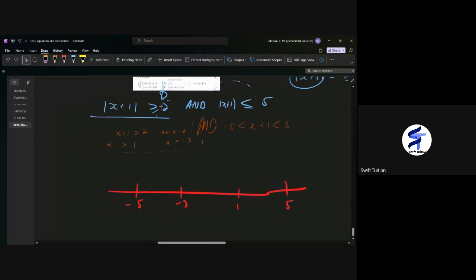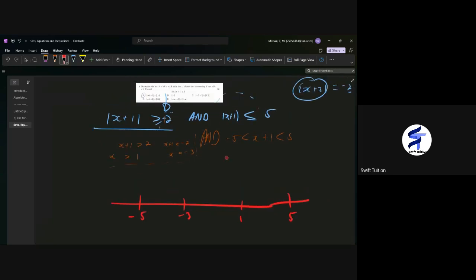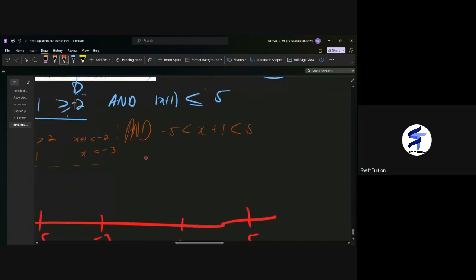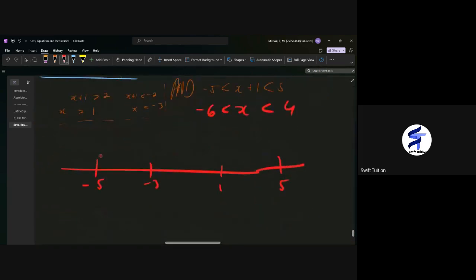So these are all the values that we have over here. If you have a look, I think I probably messed up the algebra somewhere. Sorry, I haven't finished solving this one. We're trying to solve for x, so x is -6, and then 5 minus 1 is going to be 4. Okay, now it looks nice. So that's -6 over here, and 4 over here.